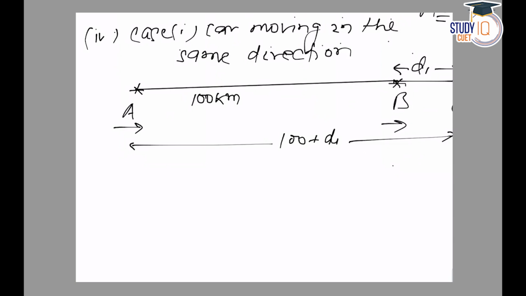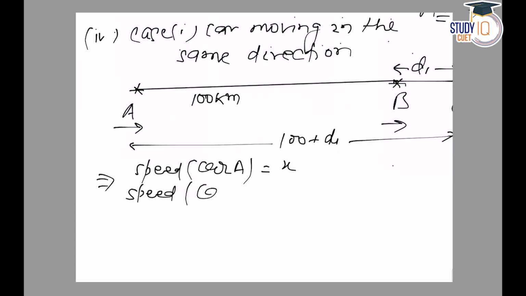So by using the formula speed equals distance upon time, we can say that time equals distance upon speed. So let the speed of car A equal x and the speed of car B equal y.